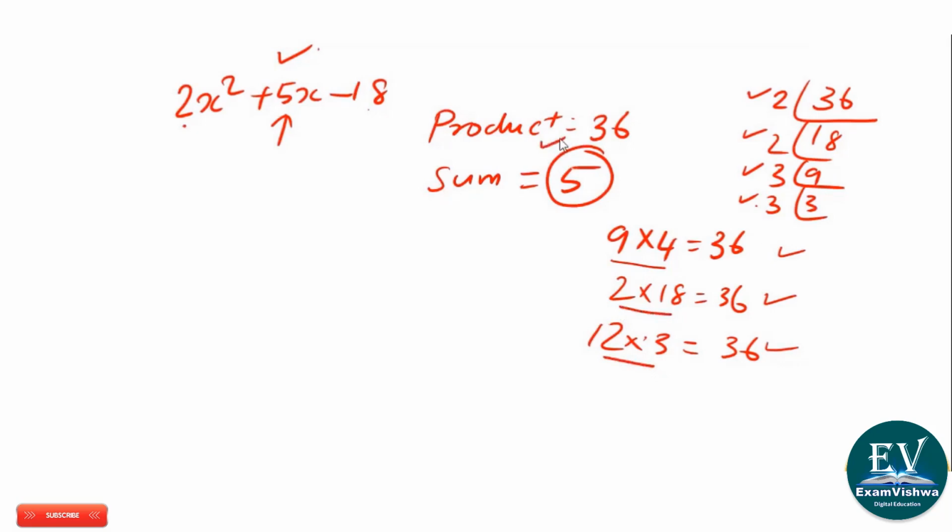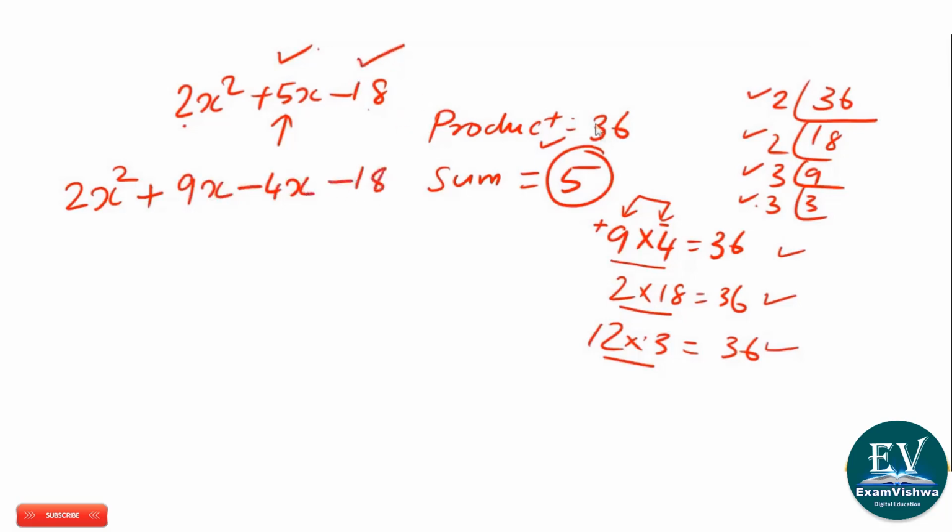That means it should be a subtraction. The difference that comes to 5 is between 9 and 4. So if you take positive 9 and negative 4, it will solve our problem. So that is how we should present it over here. Next we will write 2x square plus 9x minus 4x minus 18.